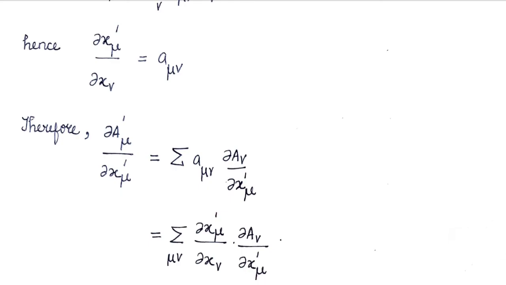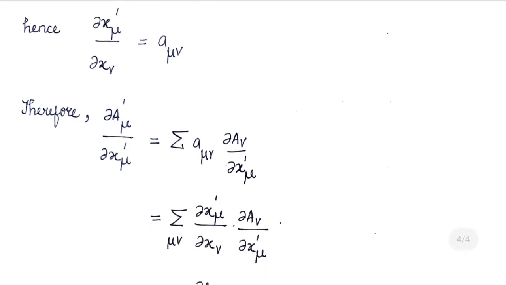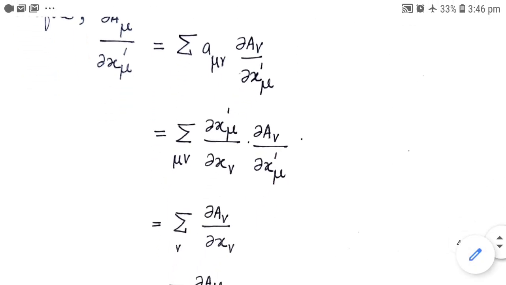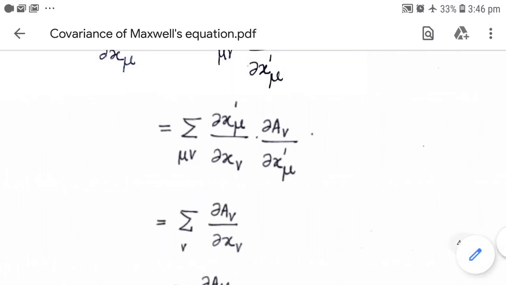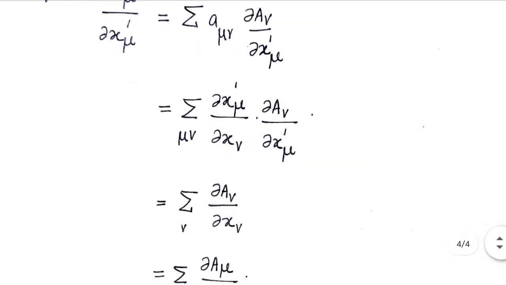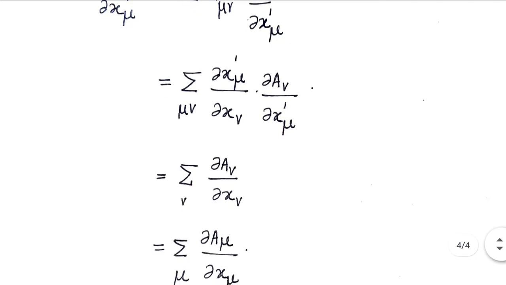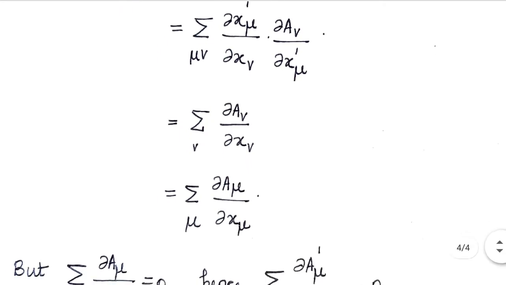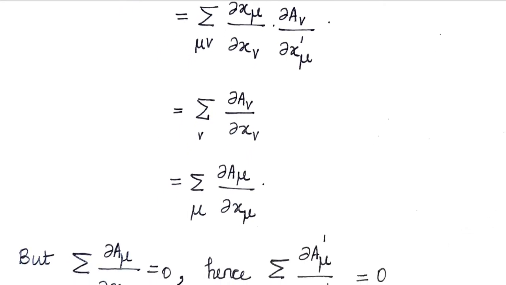This can be replaced by dou x nu by dou x mu prime into dou a nu by dou x nu. So in this, dou x mu prime and dou x mu prime get cancelled. So we are left with dou a mu by dou x nu. Now let us replace the index nu by mu. So you get dou a mu by dou x mu.